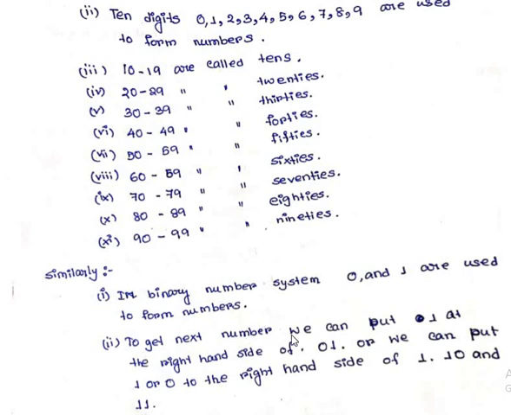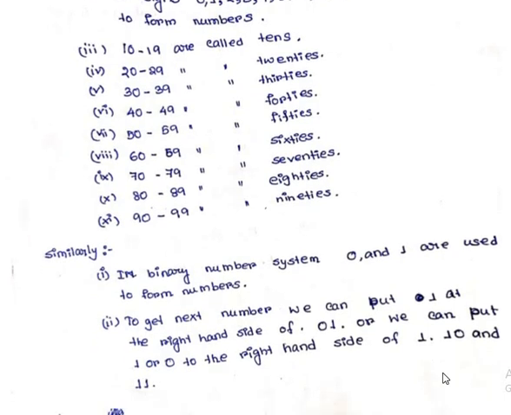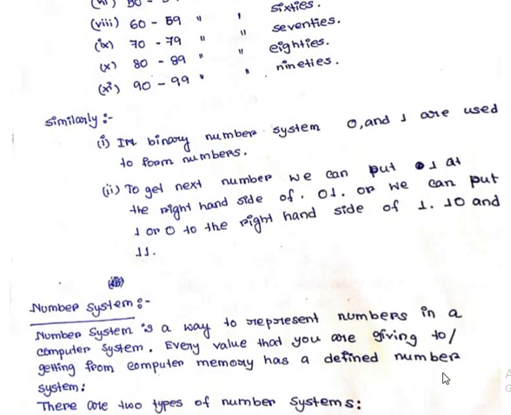What is written here is that to get the next number we can put 1 at the right hand side of 0 and it will make 01, or we can put 1 or 0 at the right hand side of 1, and it will make 10 or 11. Those are separate numbers, 0 and 1 are separate from 10 and 11.